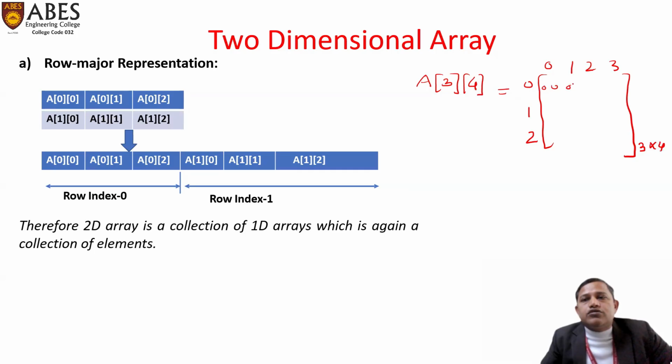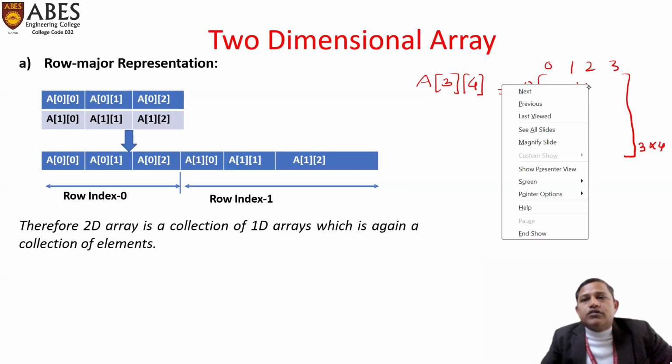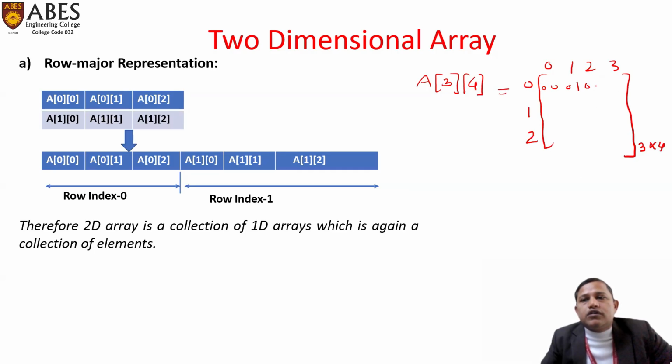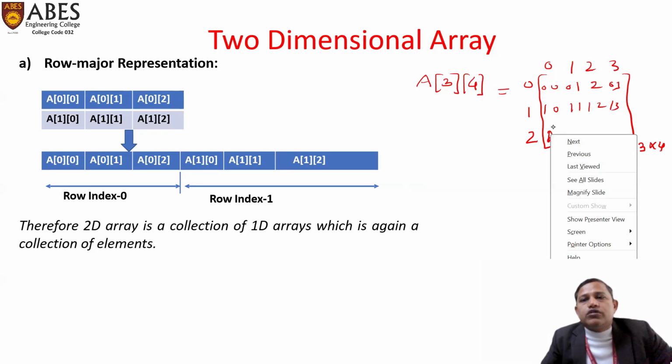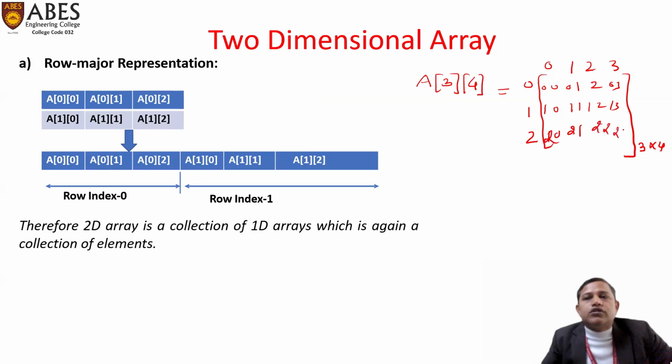The elements are 0,0, 0,1, 0,2, 0,3, 1,0, 1,1, 1,2, 1,3, 2,0, 2,1, 2,2 and 2,3.